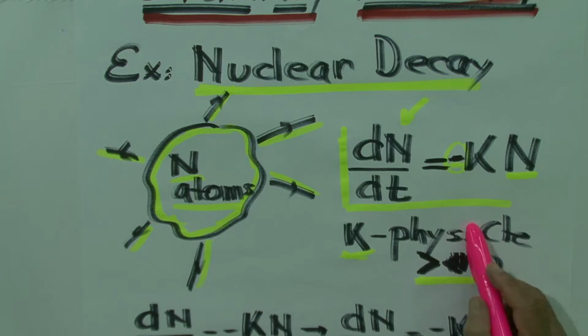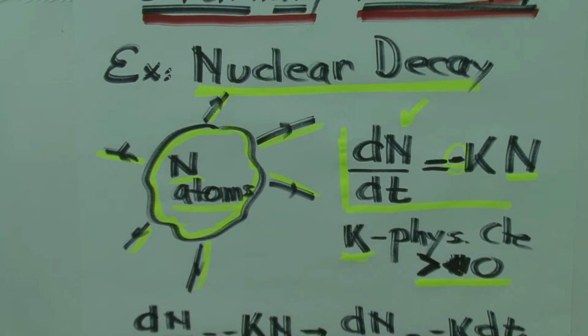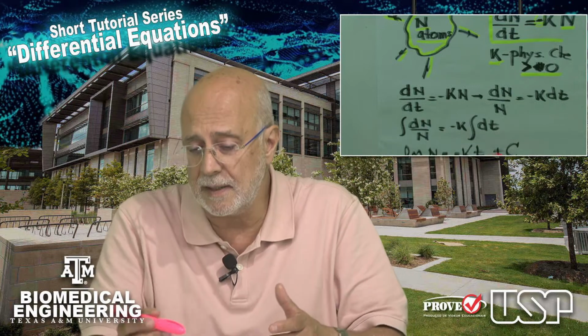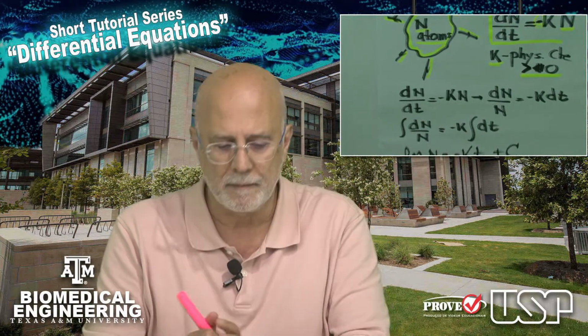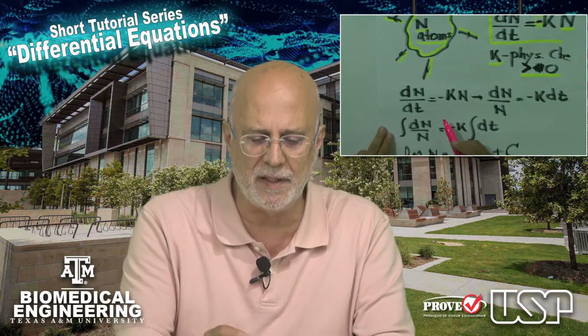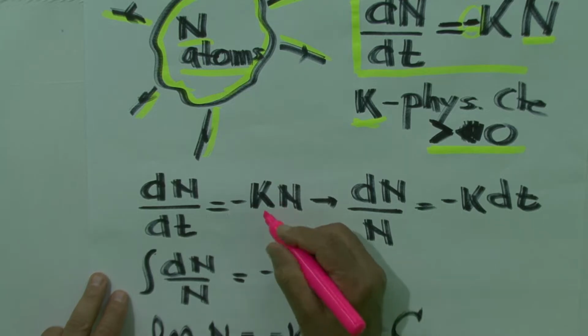So it's an ordinary differential equation of first order because it involves only the first derivative of the number. Okay, so let's solve this problem. That's a simple problem that teaches a lot. And basically, the variation of the number is proportional to the number.